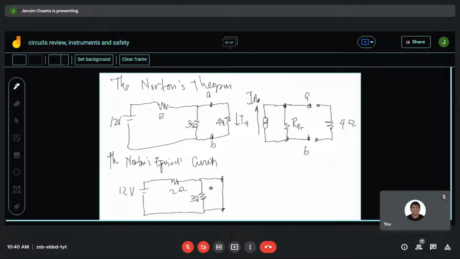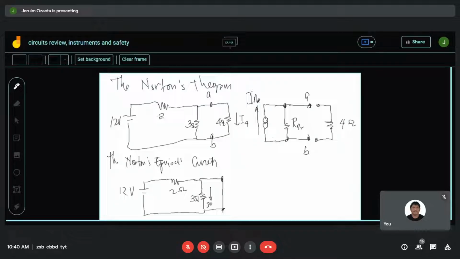So when the short circuit now appears at A and B, take note that the 3 ohm resistor is already short circuited. There will be no more current going to flow at 3 ohms.